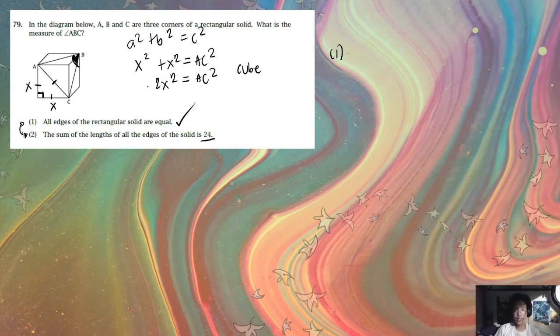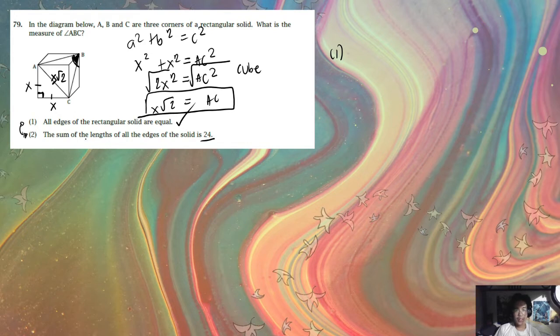That gives us 2x squared equals AC squared. Taking the square root of both sides, AC must be equal to x square root of 2. So our diagonal here measures x square root of 2.